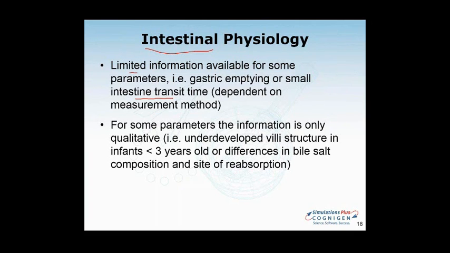For other parameters, we had more qualitative information rather than quantitative information that we would be able to incorporate in the model. Things like the villi structure is not well developed in infants less than 3 years old. So this would be affecting your absorptive surface area. We know that it may be lower in these very young infants, but by how much, we really don't know.